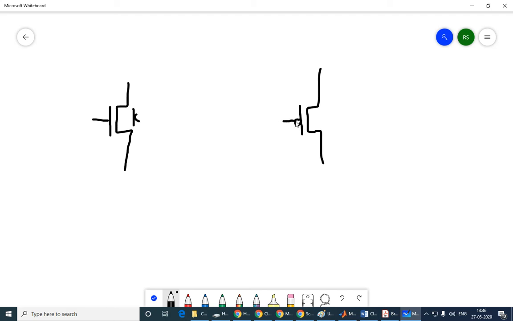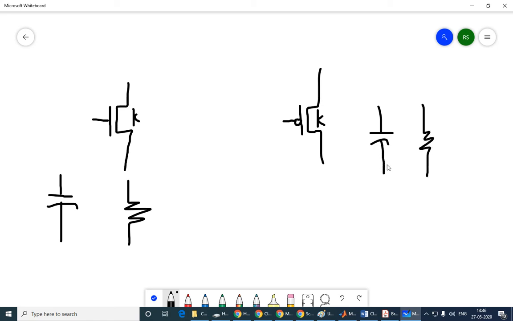For this transistor, I will draw it on the bottom. What is the value of the capacitance and the resistance? And for this transistor, what is the value of the capacitance and resistance? This is very useful because we can then do it for any transistor whose size is K. K can be any integer, usually it's an integer.